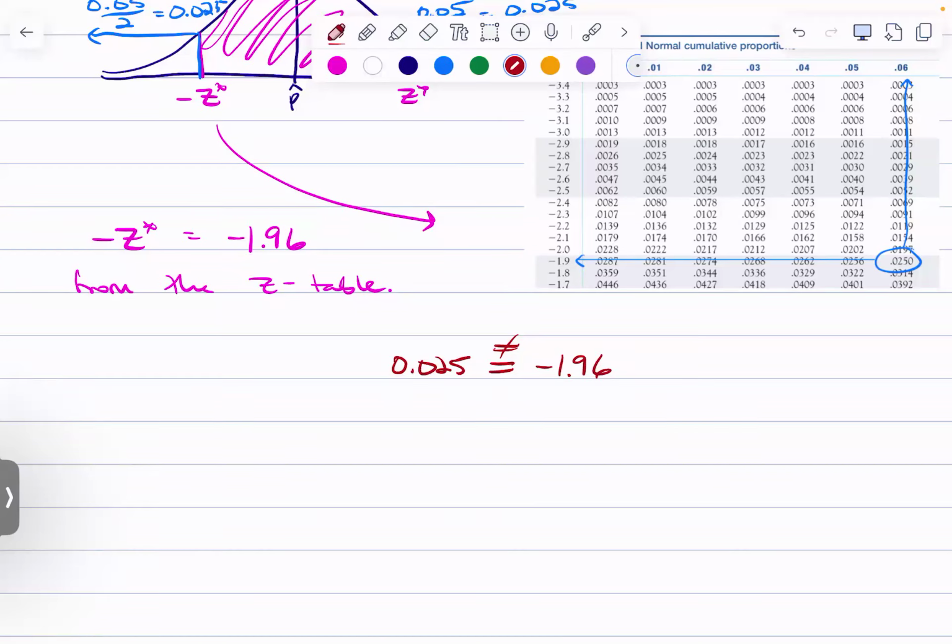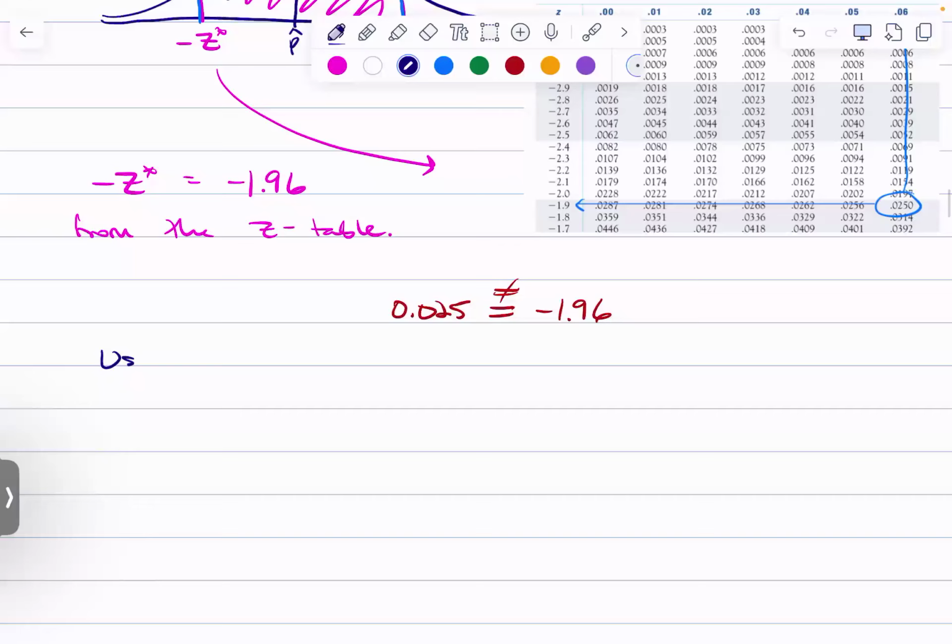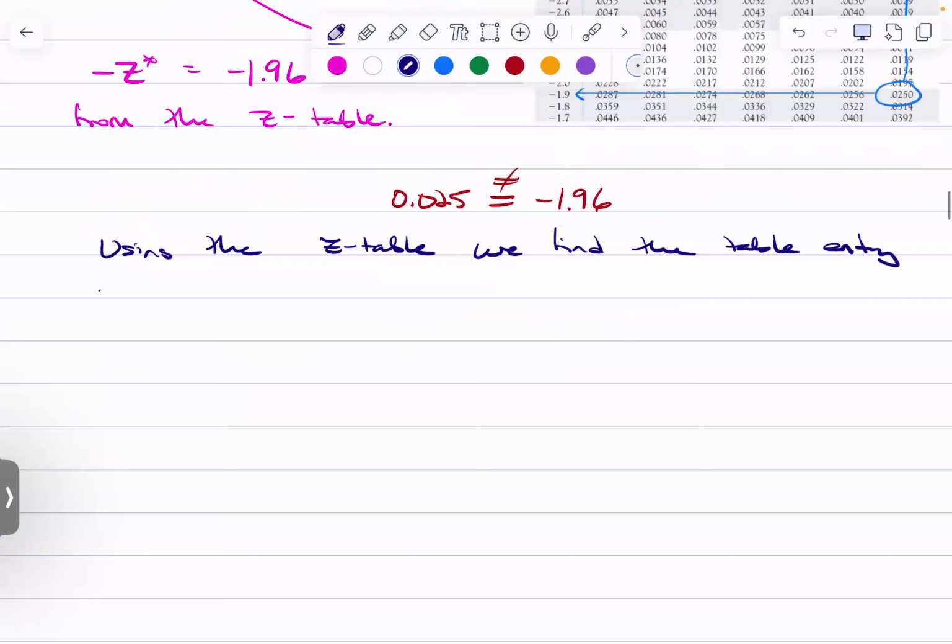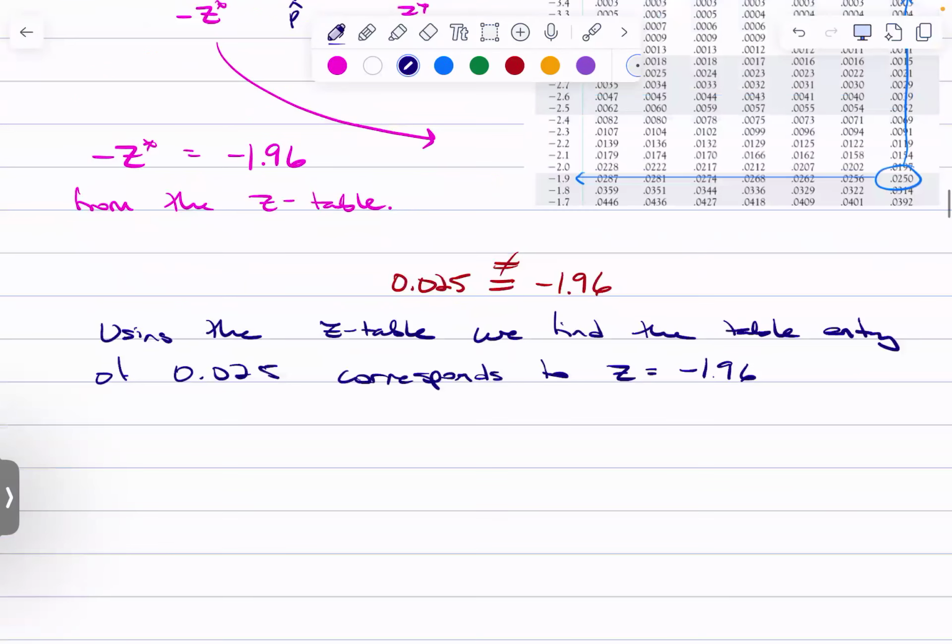How would you like us to write it in the test? You can write it in words, right? And so like we did in class, you would say, using the Z table, we find the table entry of 0.025 corresponds to Z equal to negative 1.96.